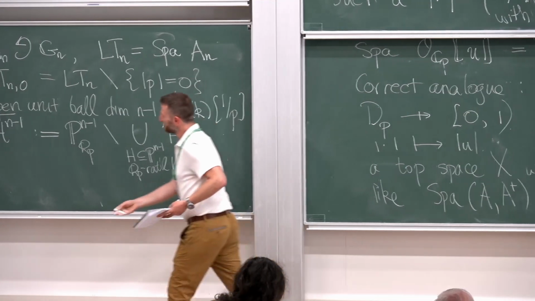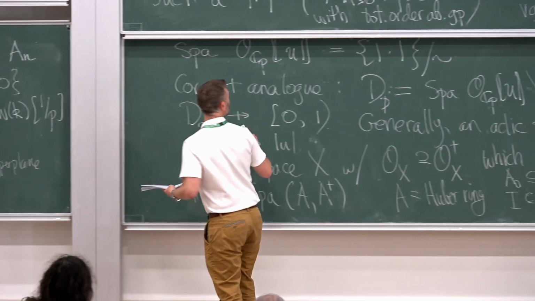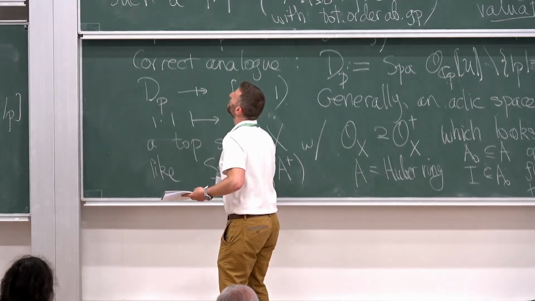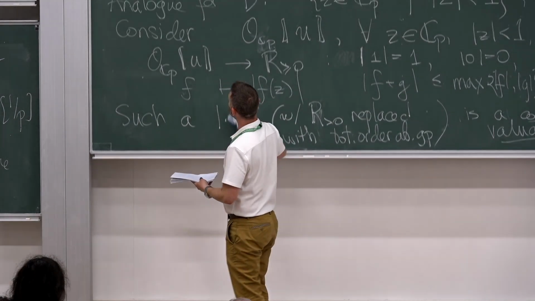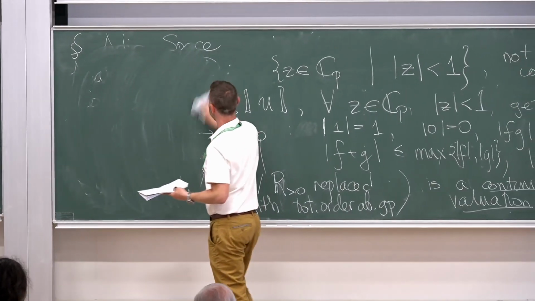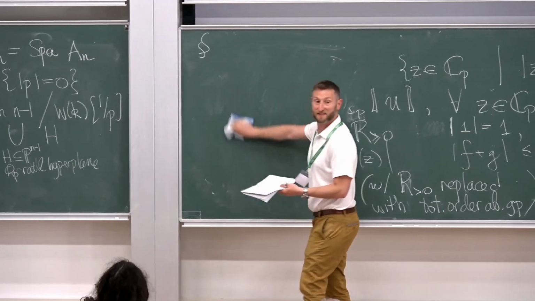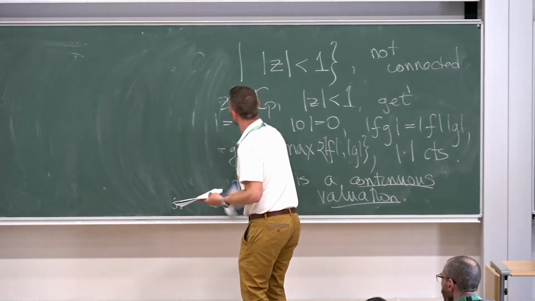And, okay, that's a bit of a mouthful, but at least in the case of n equals 2, I can give you a pretty good description of this, and then also you can see why it's a good analog for the complex upper half plane.